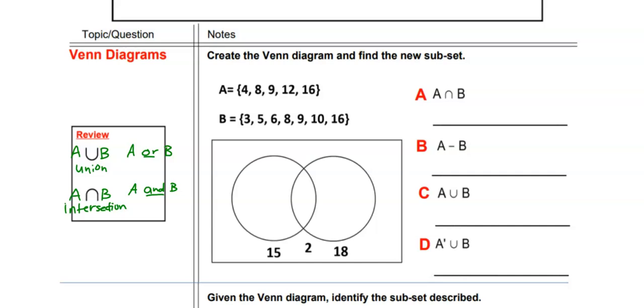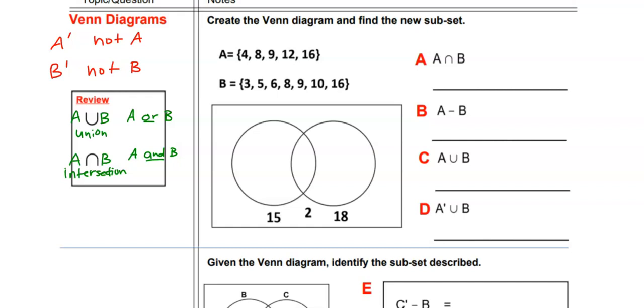Okay. A couple other things that are going to come up today that I want to make sure that we have at least talked about a little bit are A complement, and that means not A. And B complement means not B. So anything not within B would count for that one.